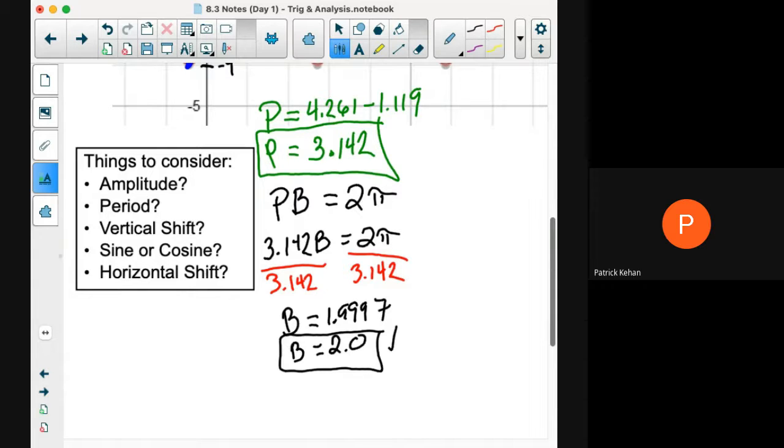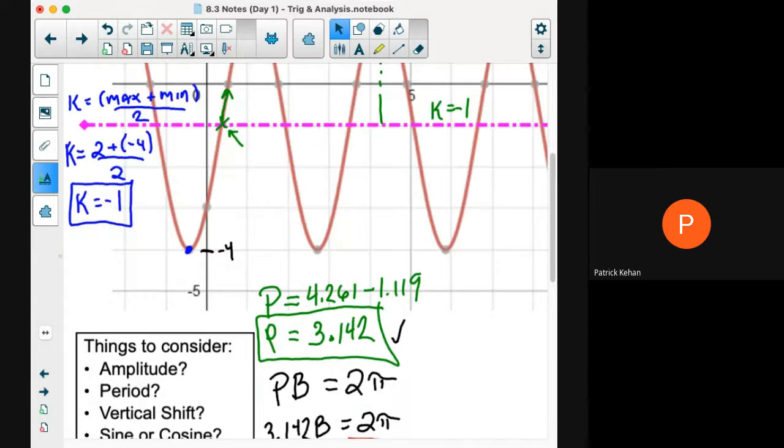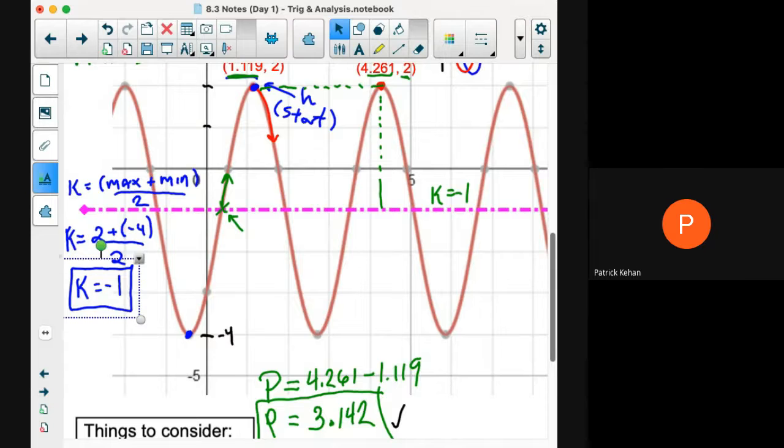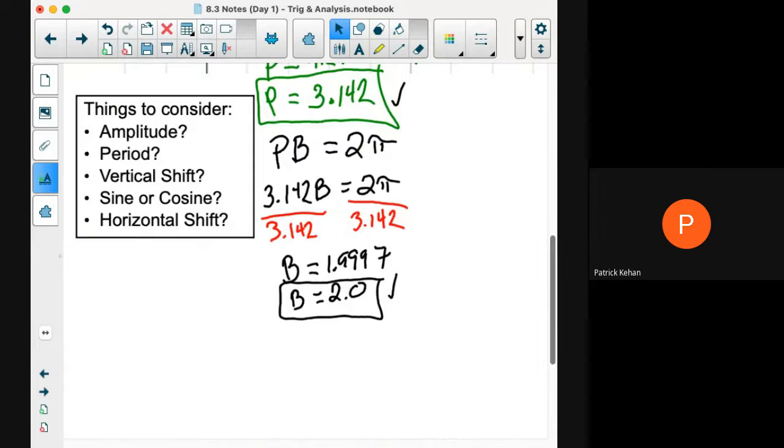So I have my angular frequency and I have my period, but the period doesn't go in the equation. I have other critical values: my starting point, which we identified as 1.119, and my line of oscillation K up here. And we determined we're going to write a cosine function. So our horizontal shift H is 1.119.